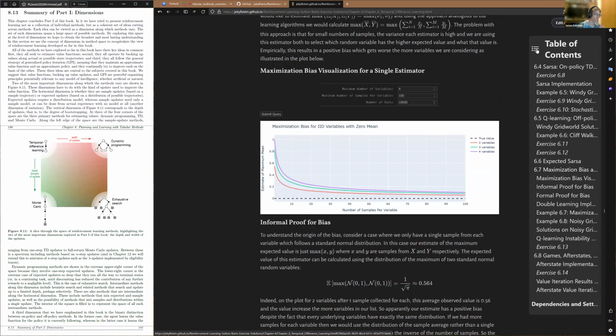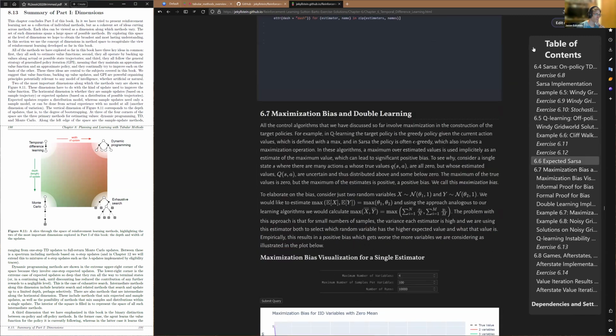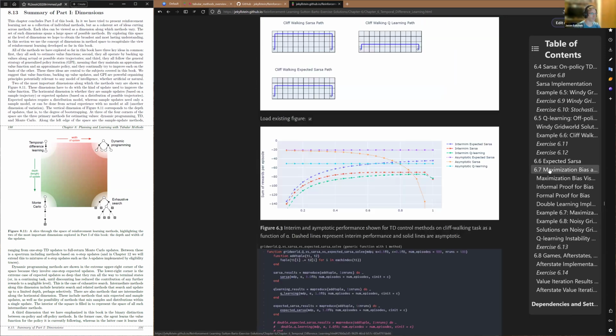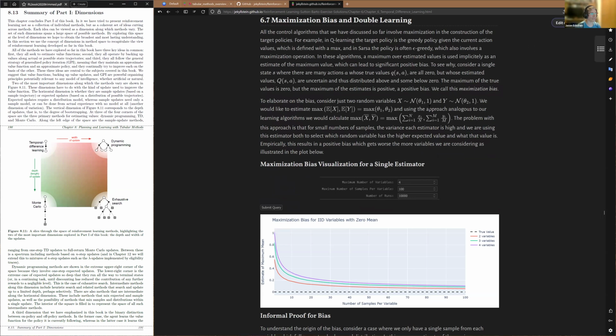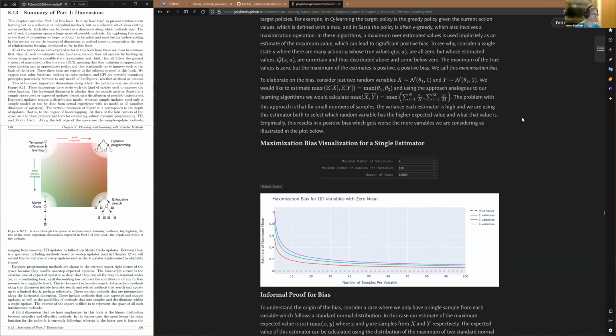So you could read this. It's going to be too much detail to cover now, but it has an explanation of why keeping a single estimate from the samples leads to maximization bias, which can make it take a lot longer to learn the correct values. And with double learning, you can avoid that.